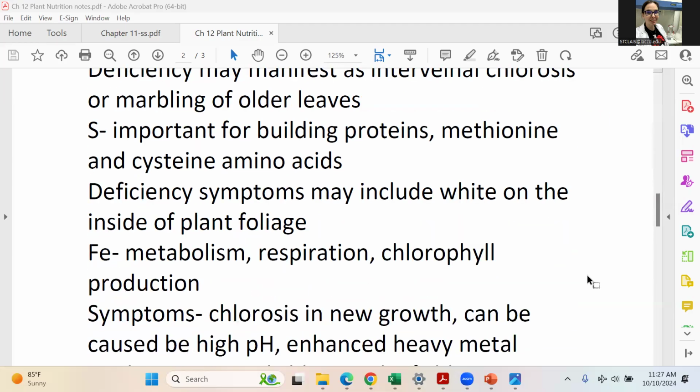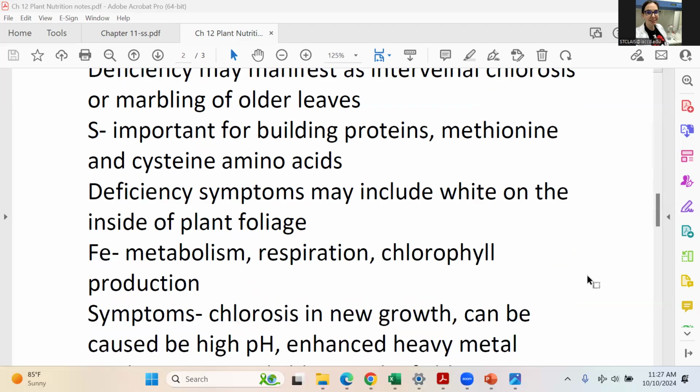Now, sulfur, also a secondary macronutrient, is important for building proteins, and methionine is a sulfur-containing protein. Every protein begins with methionine because methionine is part of the start codon that starts translation from RNA to protein.